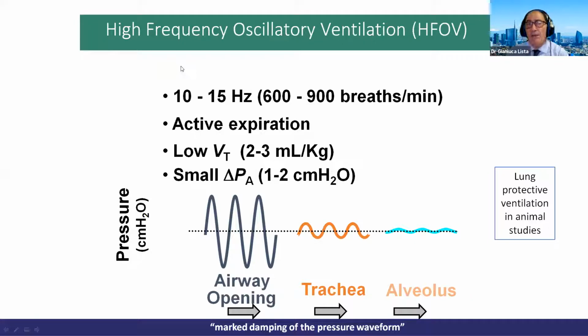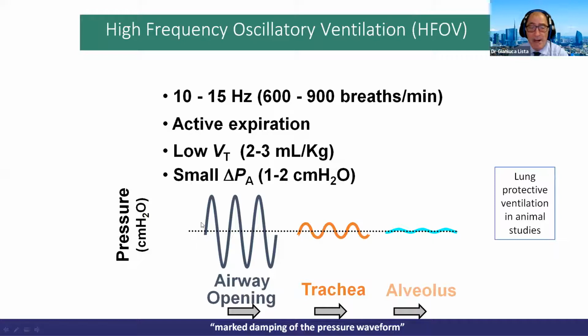During the high frequency oscillatory ventilation, the mechanical ventilator gives a very high frequency of ventilation, about 600 to 900 breaths per minute. There is an active expiration and only low tidal volumes are generated, just a little bit more than the anatomical dead space.